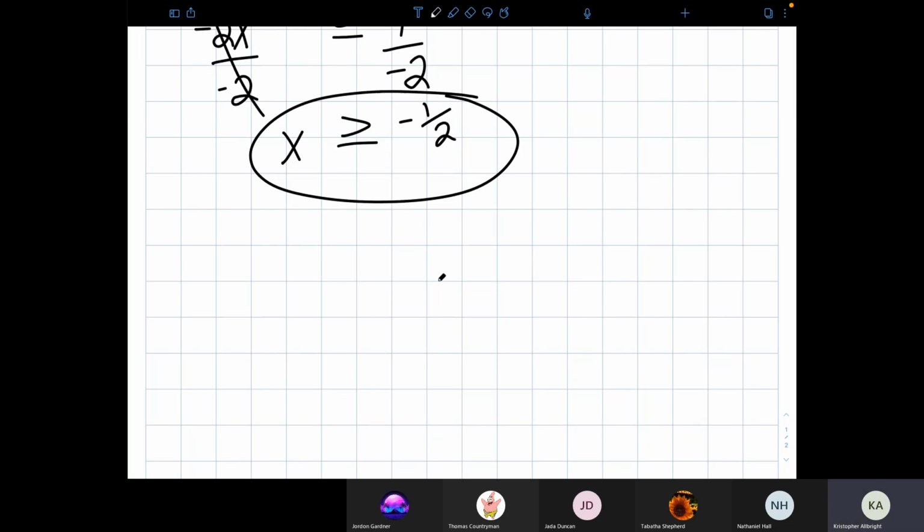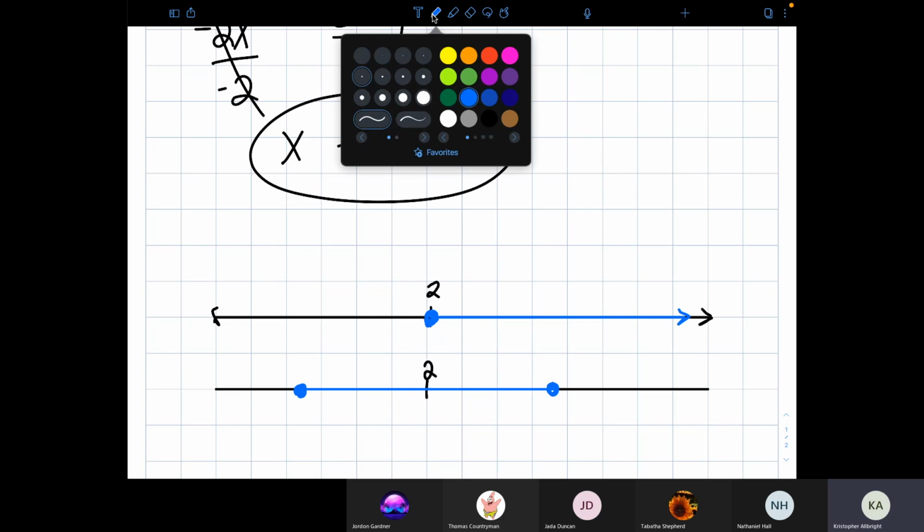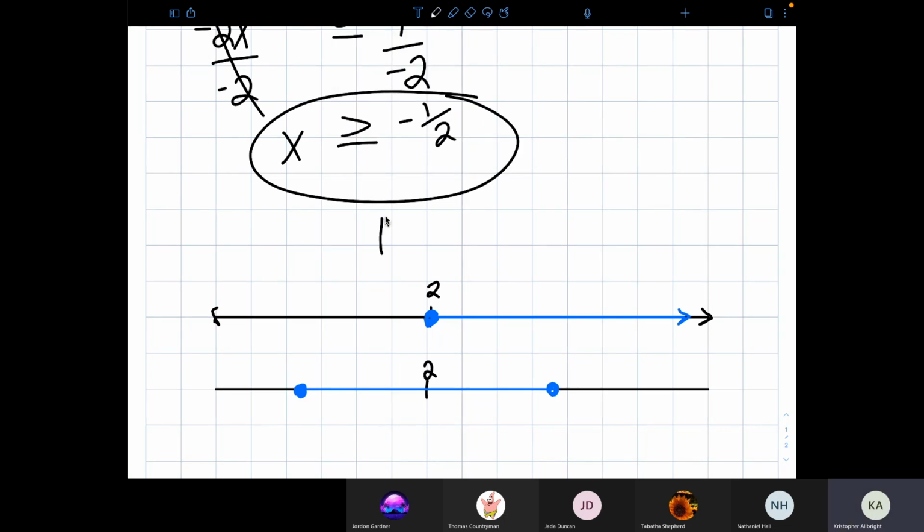She asked when you have something that looks like this on the number line, well, let me color this a different color just so it's visible, something like this versus something like this. Correct? Okay, so this first example is going to be something like this that we just worked.